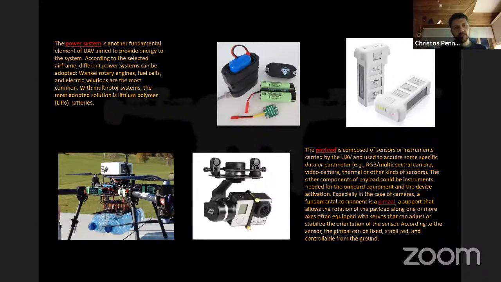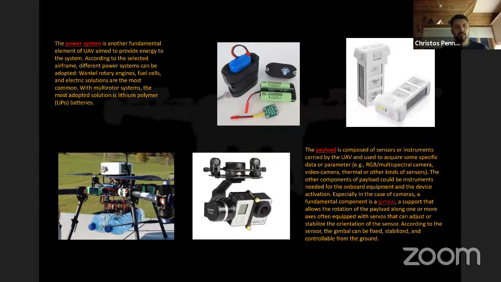The power system, of course, is a very crucial element of UAVs. The power system is aimed to provide energy to the system, and it varies according to the selected airframe.